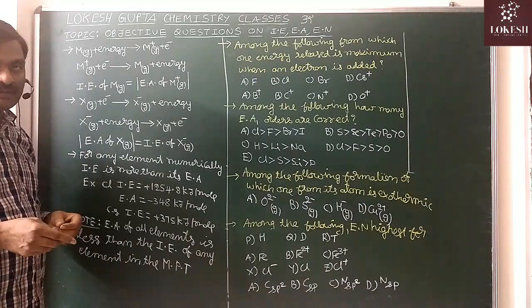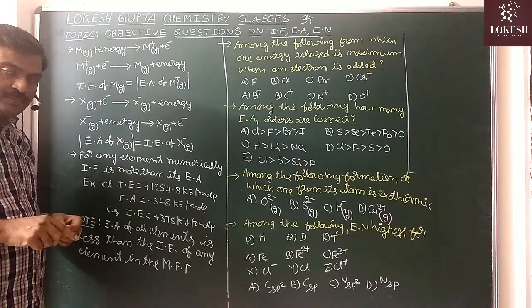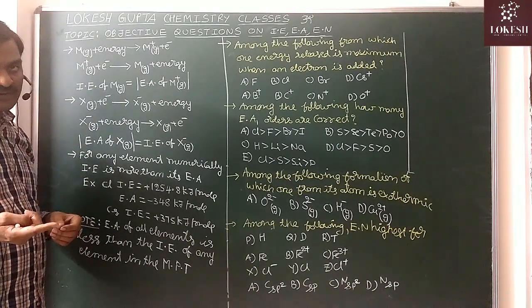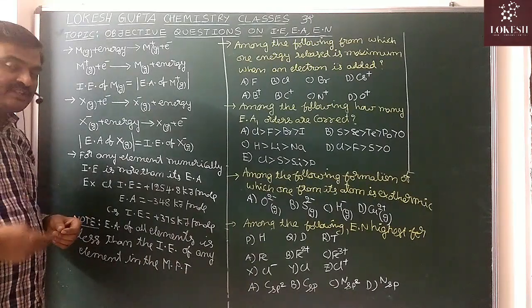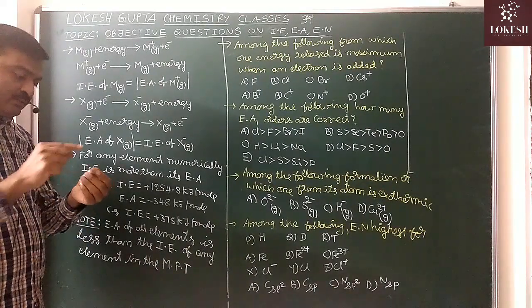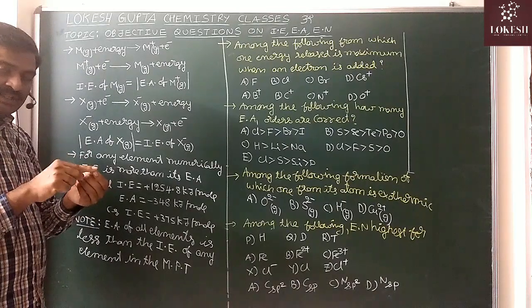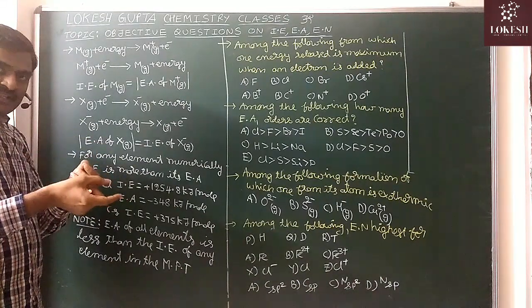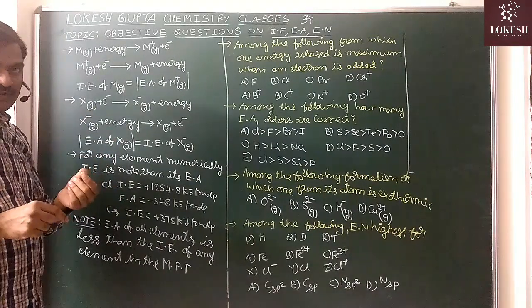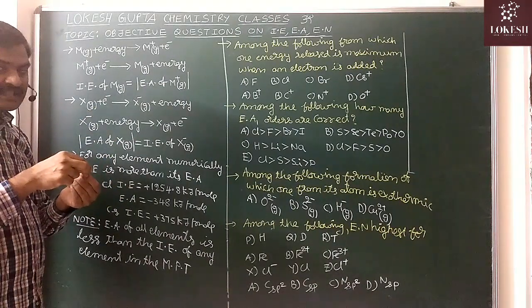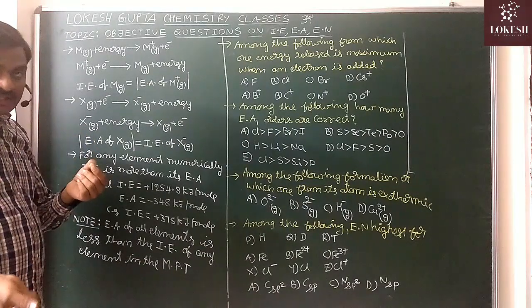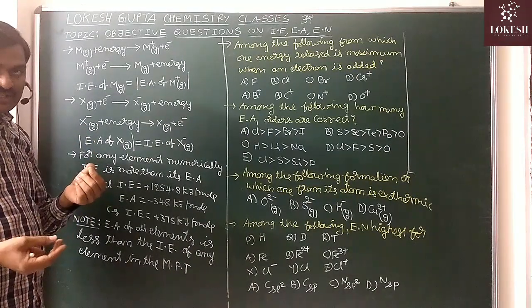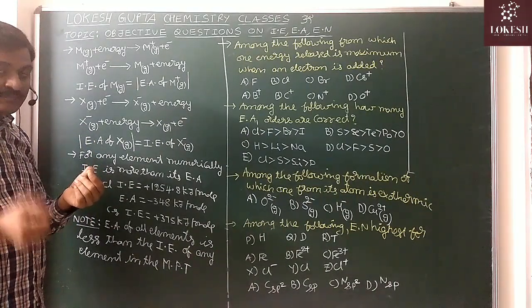Next, one more point. For any element, an electron affinity value is possible and an ionization energy value is possible. Which one is more? For an isolated gaseous atom, when an electron is added, some energy is released. That is the electron affinity. From the same atom, when an electron is removed, some energy is required. That is ionization energy.